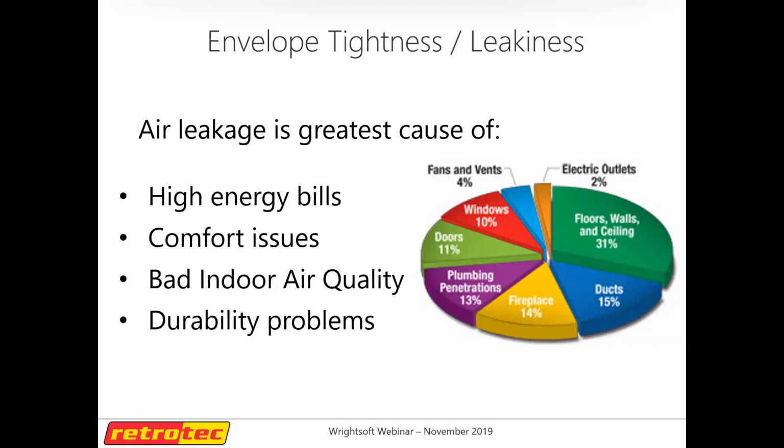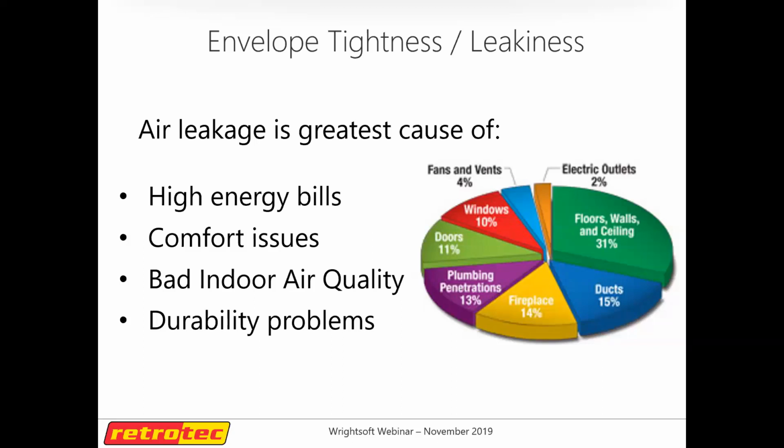Other than the high energy bills and the comfort issues, indoor air quality is becoming more and more popular, or I guess homeowners are becoming more and more aware of it, especially homeowners that may have asthma or bad allergies or COPD, who are starting to understand that the place where they sleep every night is having an effect on their symptoms. So they have to go back and look at their house and see how they can improve things.